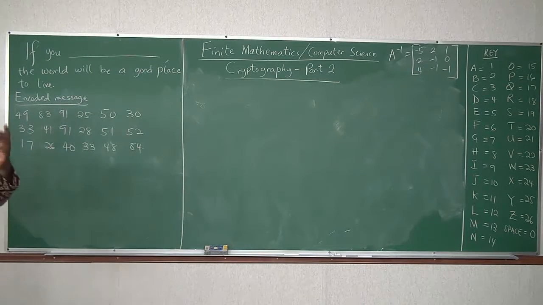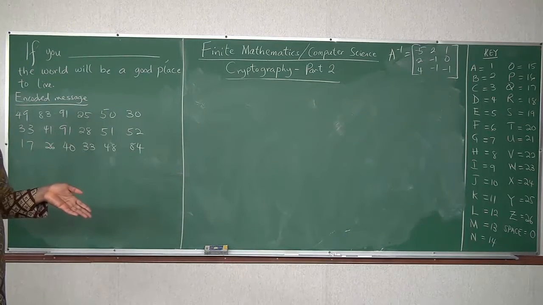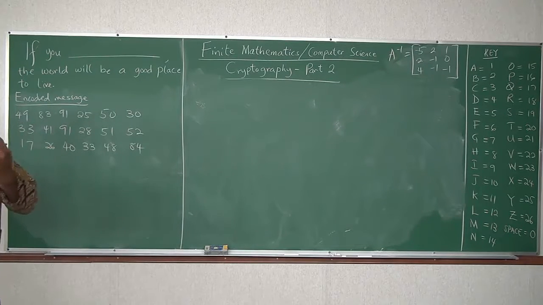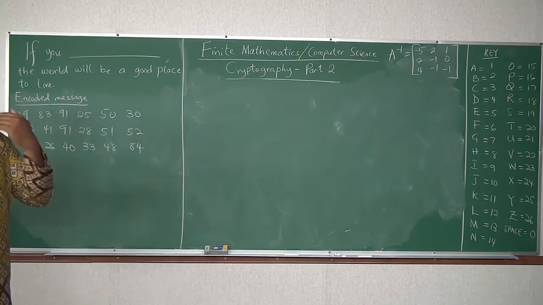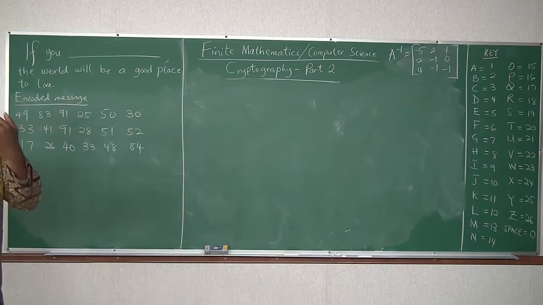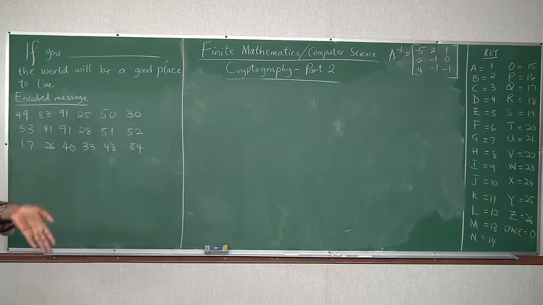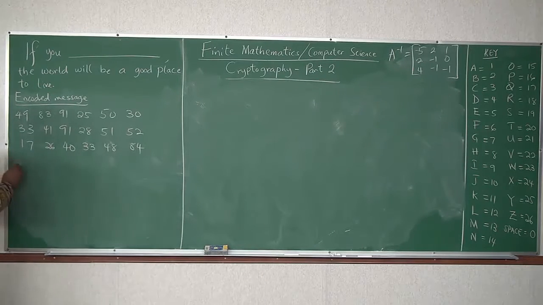Now, because the encoding matrix is a 3 by 3 matrix, therefore the encoded message should also be written as a 3 by 3 matrix. So this is the way we write it. We write 49, 83, 91. We kind of go like that to write in columns.